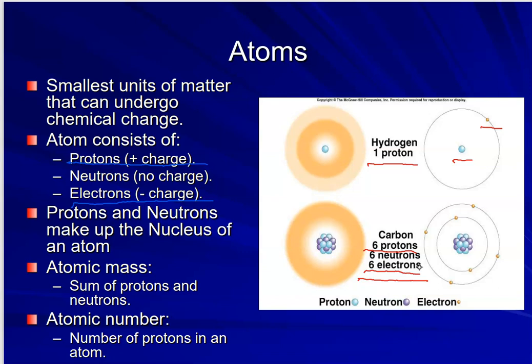The atomic mass is always the sum of the protons and the neutrons, and each proton and neutron gets a mass assignment of 1. So for carbon, we add 6 protons and 6 neutrons together, so that would be a mass assignment of 12. Therefore 1 mole of carbon would weigh 12 grams.